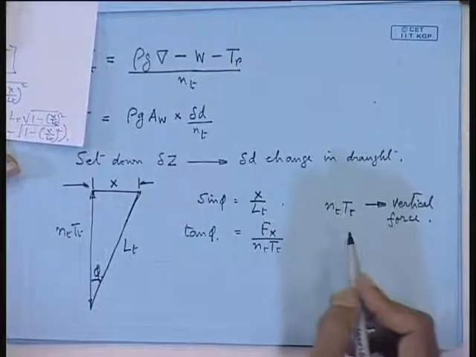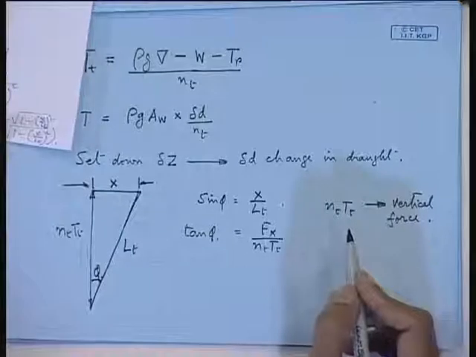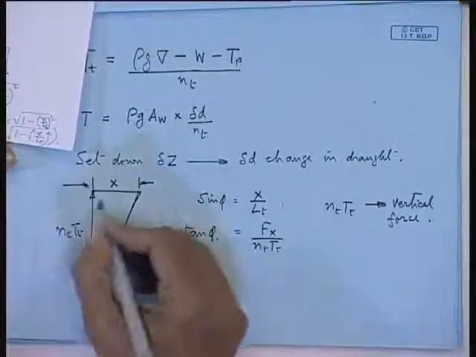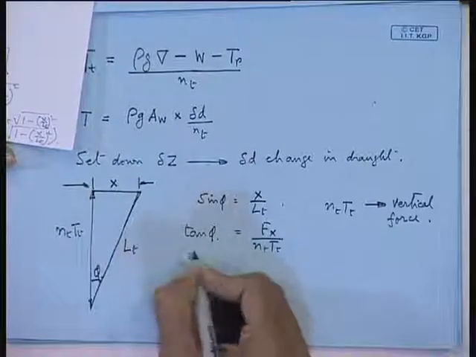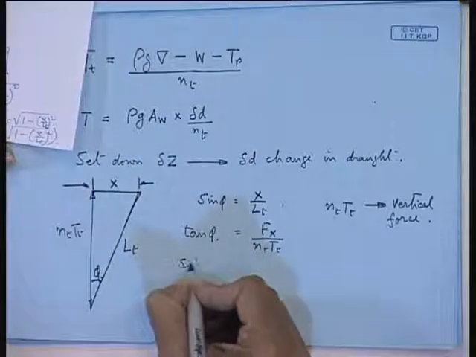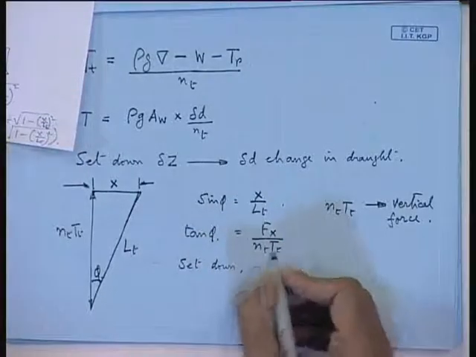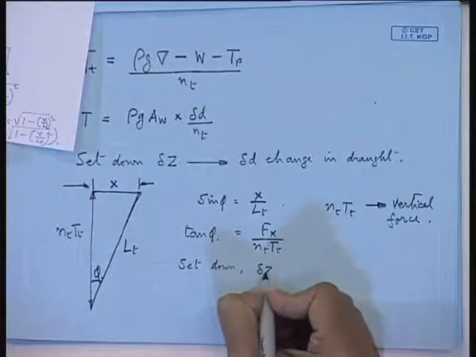So, from this we can get this tan phi. Now, set down is how much? You just look at this diagram. Set down is given by delta Z.